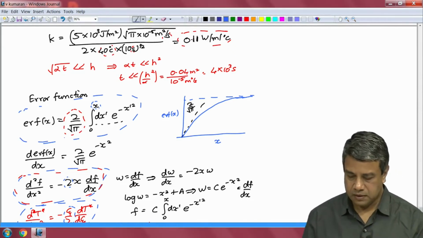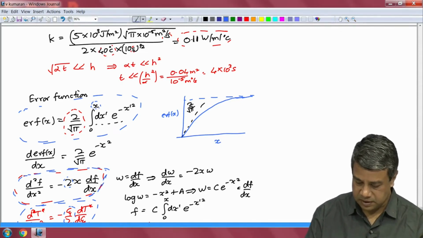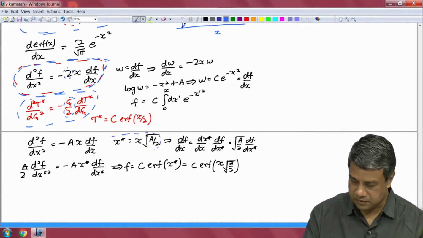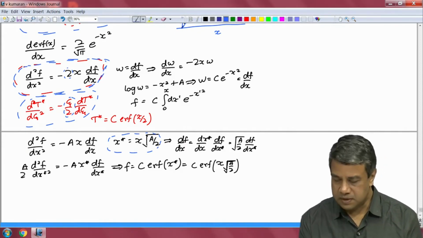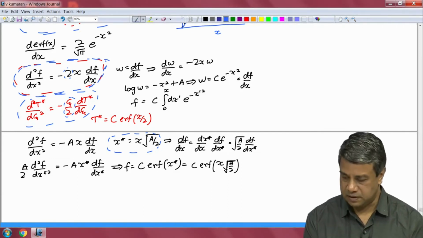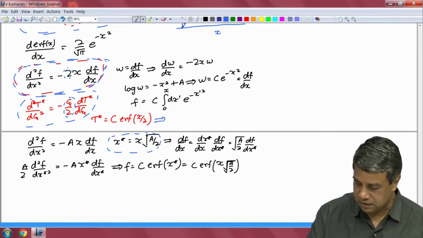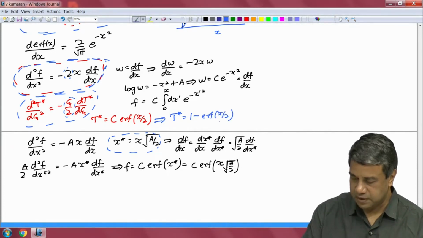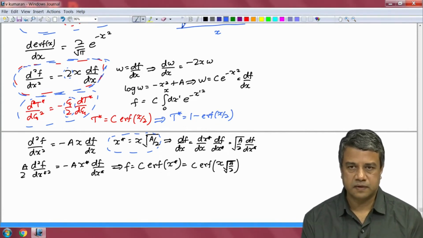The differential equation for the error function is given by this one, and by a simple transformation of coordinates, I can get the solution for any coefficient on the right side, which is what I had done when I calculated the solution for the temperature field. So, on this basis, and after applying the boundary conditions, I got t star is equal to 1 minus error function of x by 2. So, that is a brief summary of the error function and its use for getting a solution.